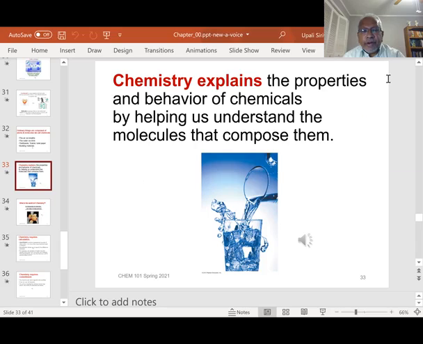Chemistry explains properties and behavior of chemicals by helping us understand the molecules that compose them. So we have to use the idea about what the material is composed of. So we go to either atoms or molecules or ions and describe their properties.